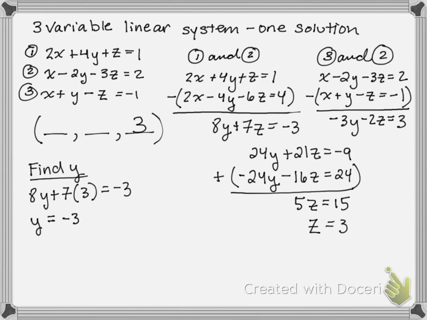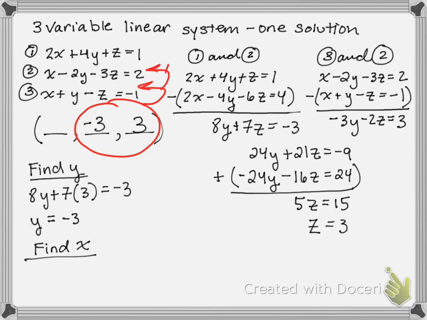And I can substitute that in for my y coordinate. And then finally, we will find x. And again, I have my y and z coordinate, and I can plug those in anywhere up here. Your choice.